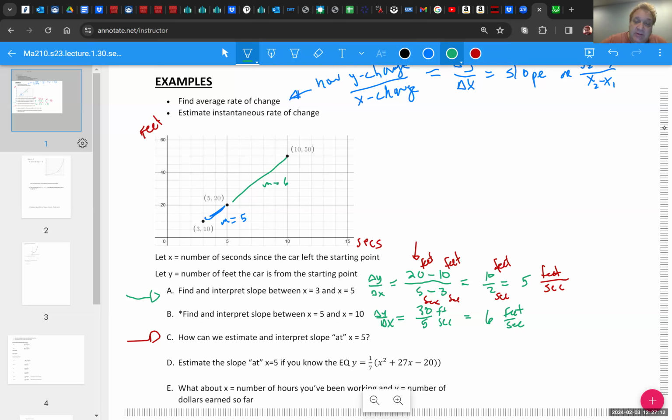So maybe we could say the slope is approximately (5 + 6)/2, the average of those two slopes, which is 11/2, or about 5.5. And once again, the units are feet per second because the y changes on the top and the x changes on the bottom.